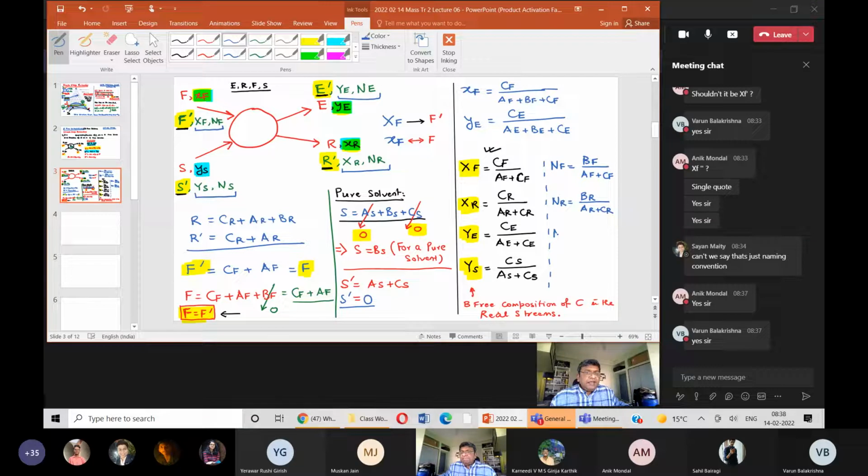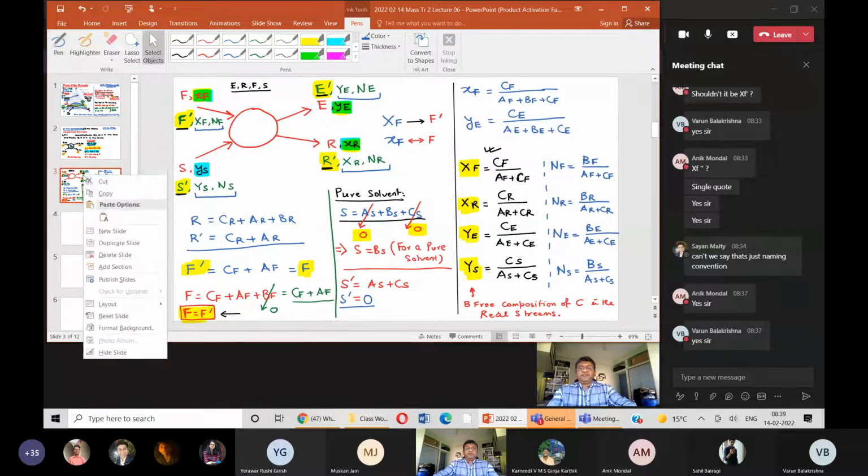NE, which is going to be B in E divided by AE plus CE. And NS, which is going to be BS divided by AS plus CS. Take a minute to convince yourself you understand.